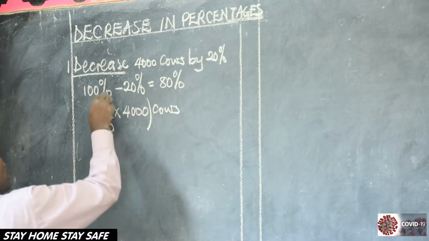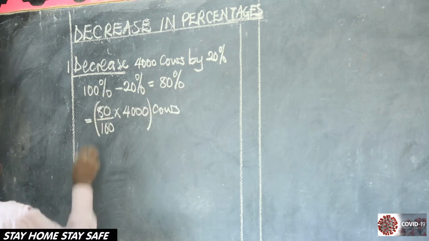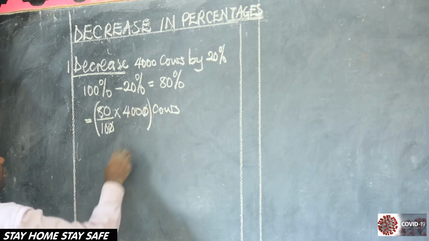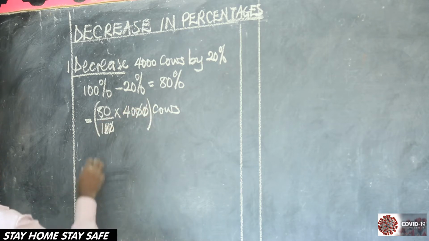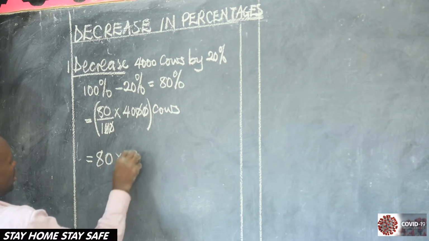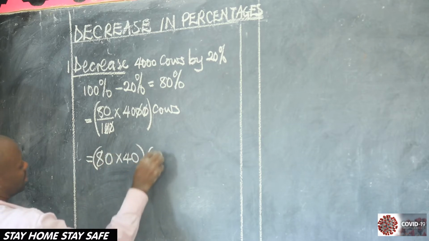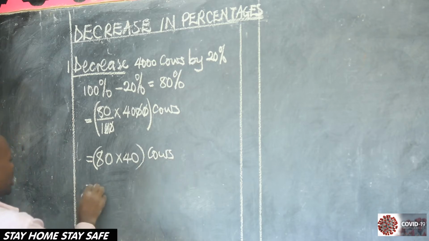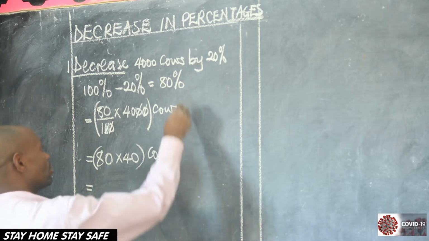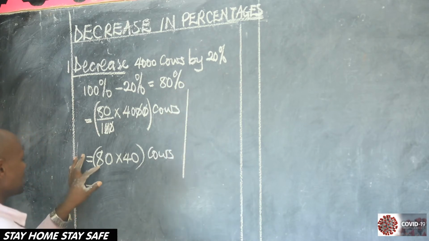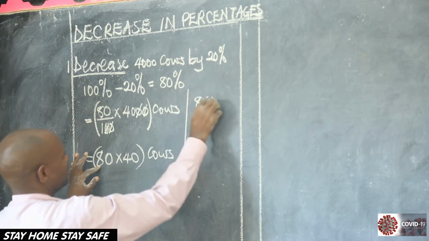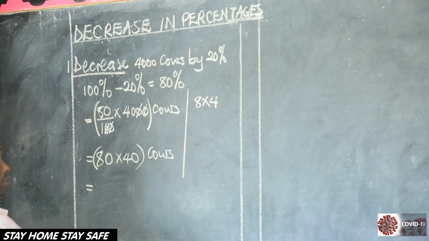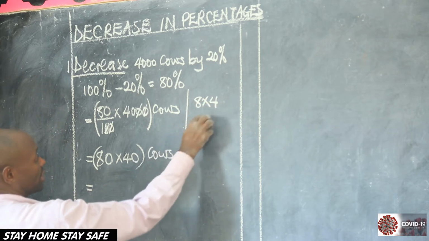Then we reduce. A 0 will go with this one, you reduce this one with this. So it means I have remained with 80 multiplied by 40 cows. And here you can even use zero concept to multiply. How do we use zero concept? You just multiply 8 times 4. 8 times 4 we shall get 32.